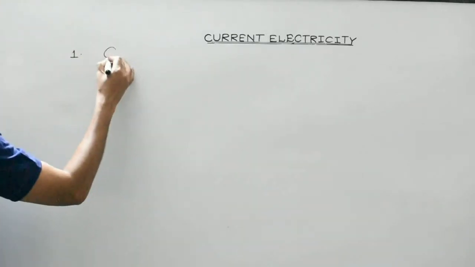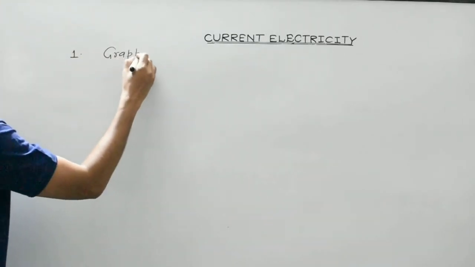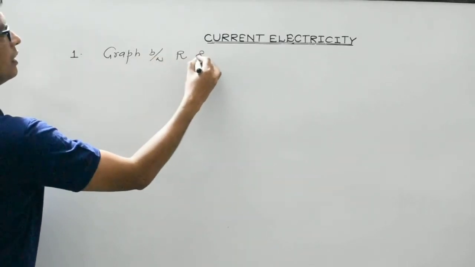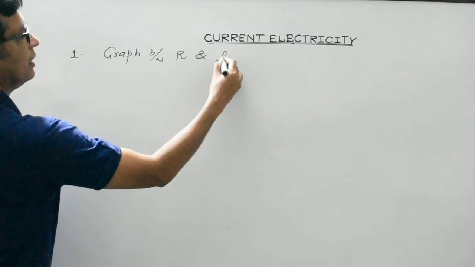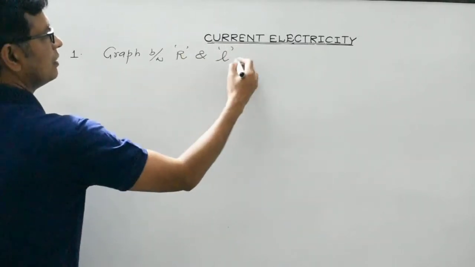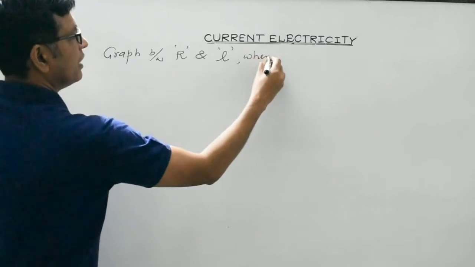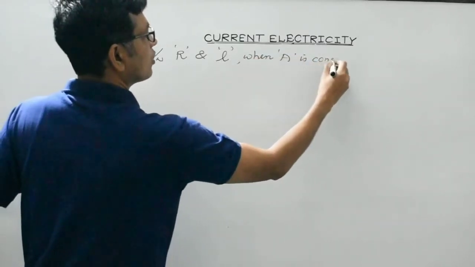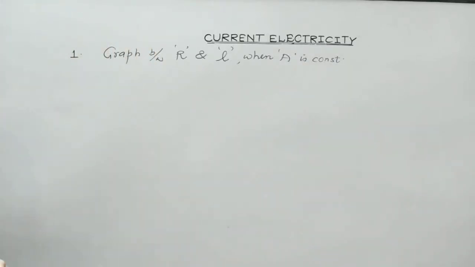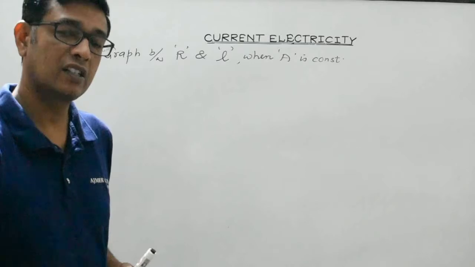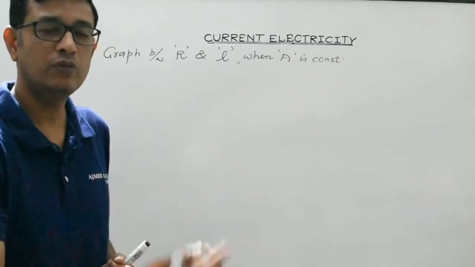So, graph between resistance and length of a conductor when cross-sectional area is constant.